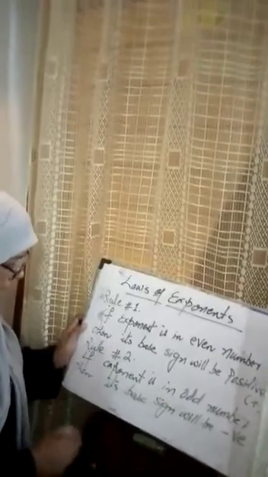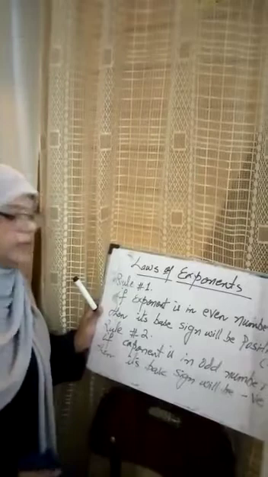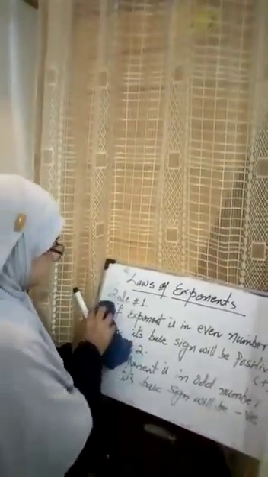Right? For example, you copy down this. After that I will give different types of examples so you can understand these rules. Okay?